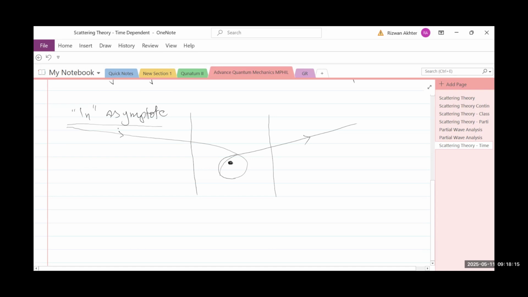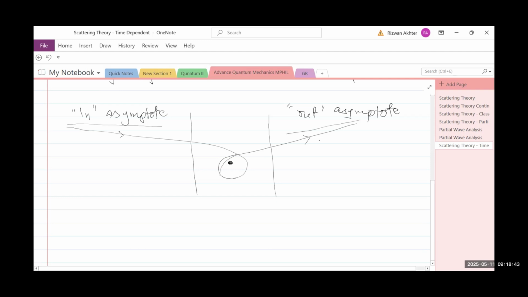Similarly, we would have an out asymptote: at large distances away from the scattering center, the scattered particle does not feel the potential of the target.